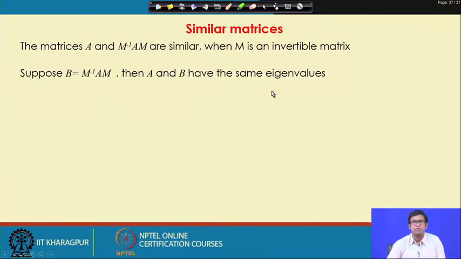Suppose B is equal to M inverse AM, then A and B will have the same eigenvalues. Right now we deviated from the symmetric matrices; this is for any general matrix.